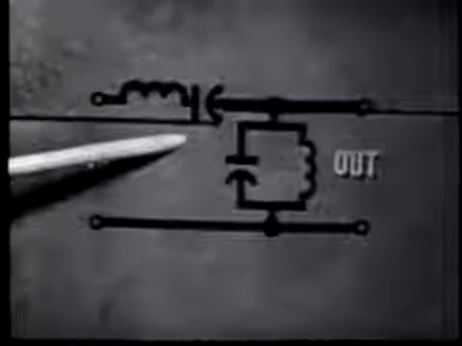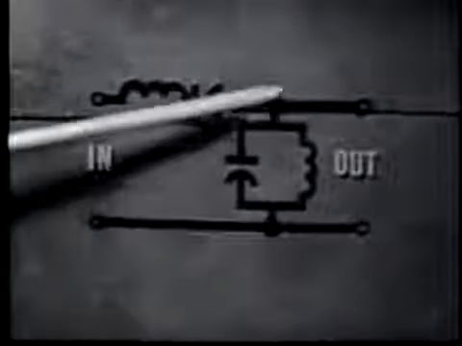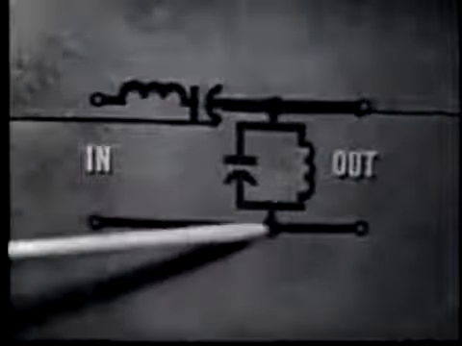So the circuit has passed a band of frequencies around resonance. To frequencies above and below resonance, the series tank offers maximum impedance, thus will block or reject those frequencies. The parallel tank impedance is minimum to frequencies off resonance, and no output voltage will be developed. The circuit is rejecting frequencies off resonance.